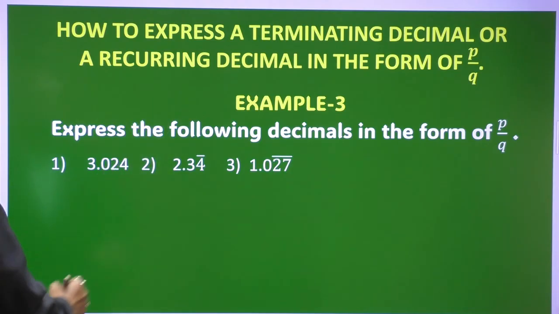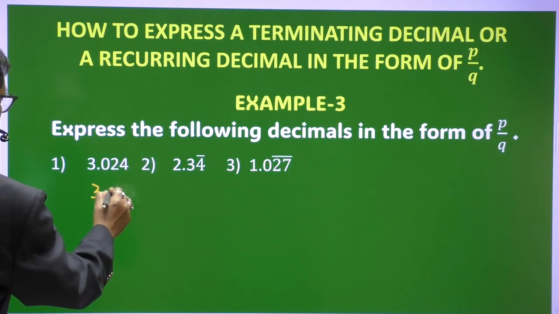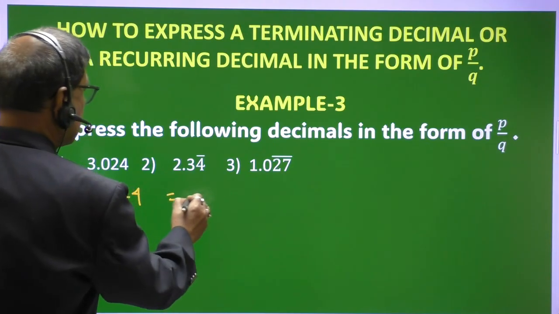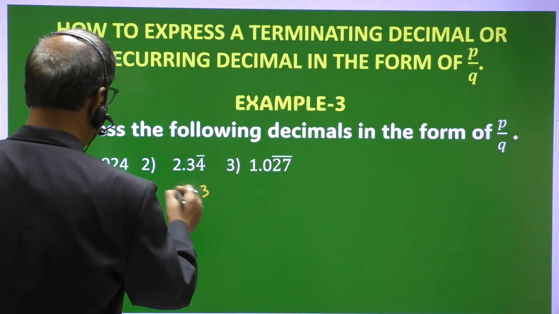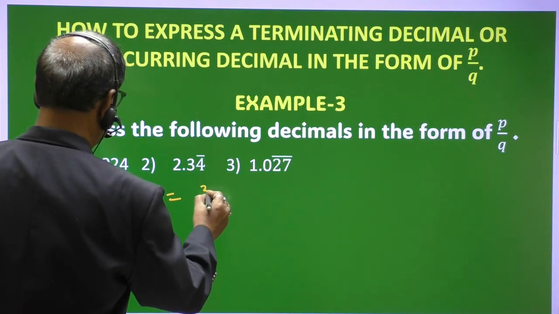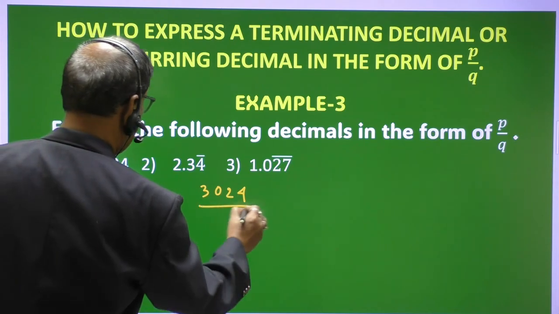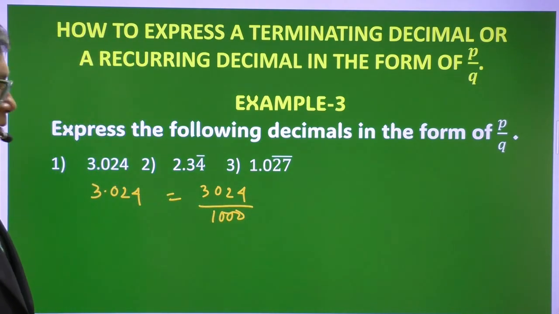First is 3.024. So it is a terminating decimal. So how can we express it in the form of P by Q? To remove the decimal point, what I will do? 3024 by 1000. Yes. Now we will simplify it.